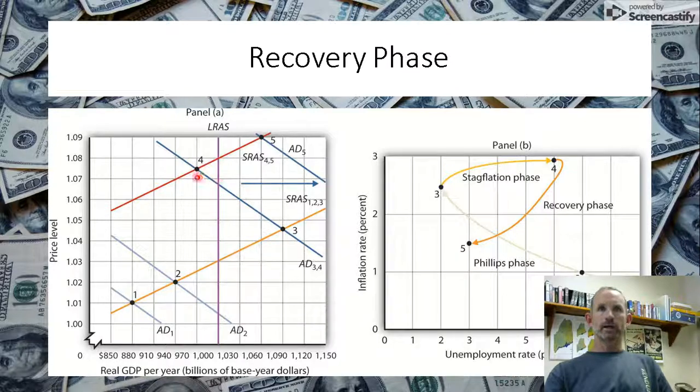So we're moving from point 4 to point 5. So you might see a little bit of inflation there, although less than you had before, perhaps, and decreasing unemployment. Even though it looks like inflation is going down, keep in mind it's the inflation rate. There might still be some inflation, but instead of 5% inflation, if we only have 1 or 2%, that's much better. So that's what's happening in the recovery phase.